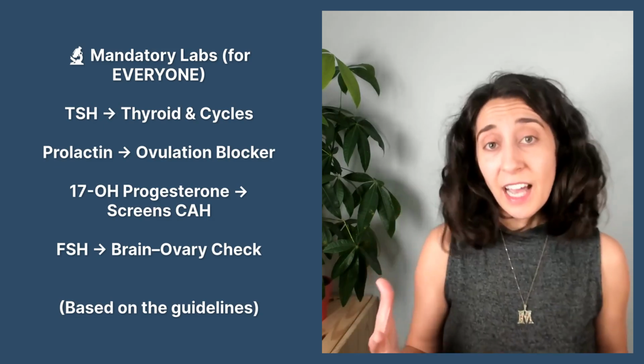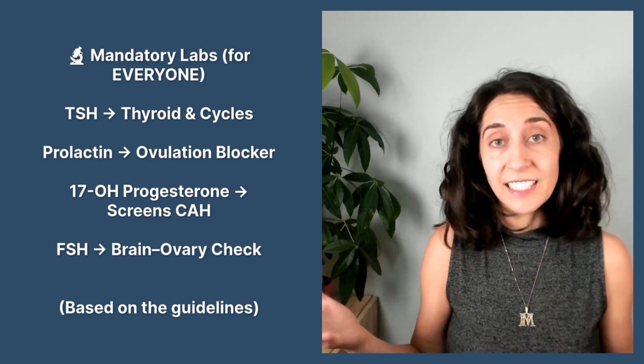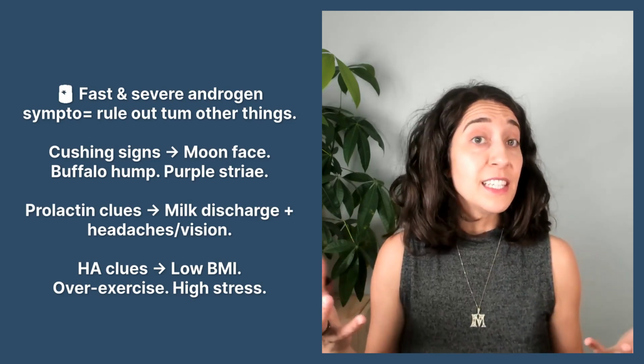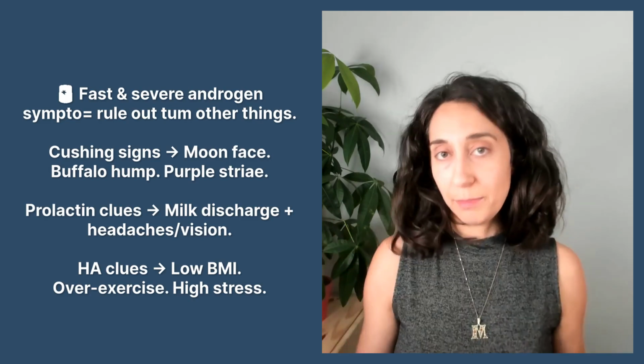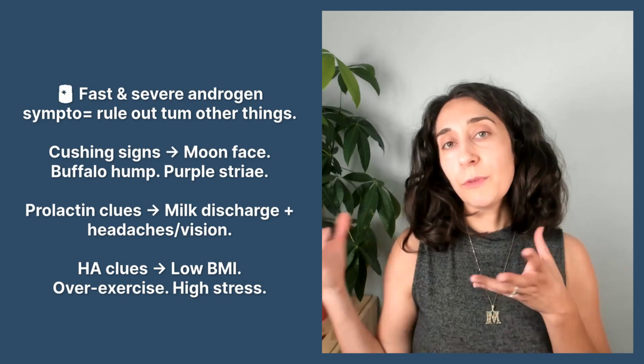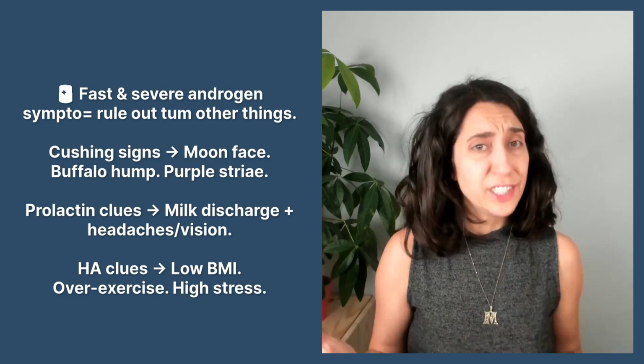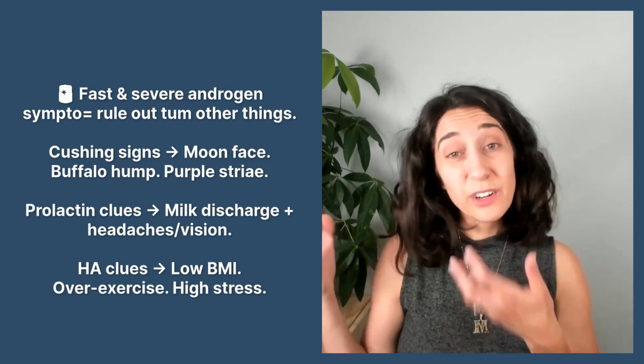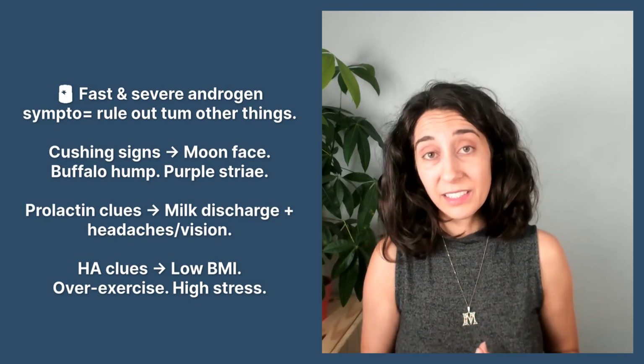We also have conditional ones that are more case by case. You don't have to have had these tested to get the PCOS diagnosis if you meet the inclusion and you meet the exclusion. But your healthcare provider should still be thoughtful about this if you have some extra symptoms that might actually represent something else. Cushing's is something to consider if you have features of cortisol excess, and a lot of those symptoms can look like PCOS.